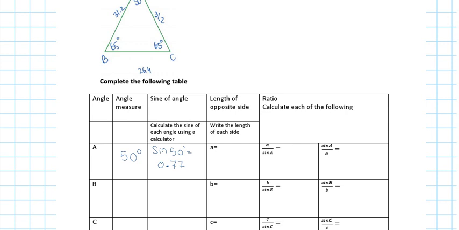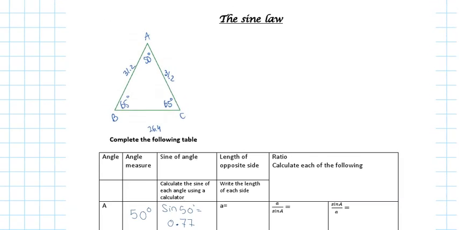All right. Now, the length of the opposite side. We're going to write the length of each side. If I'm looking at this triangle, which one is the opposite side of angle A? BC.